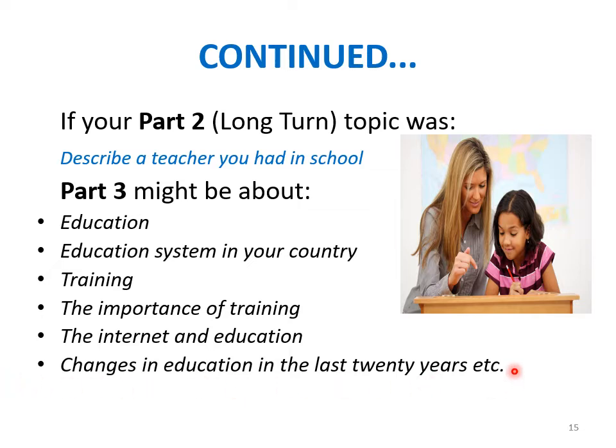Most of the time examiners ask you to compare things now and what they were in the past, like 5 years ago or 10 years ago. So see that in part 2 you describe a teacher, in part 3 you talked about general things but related to part 2, education system, how things have changed and all that stuff.